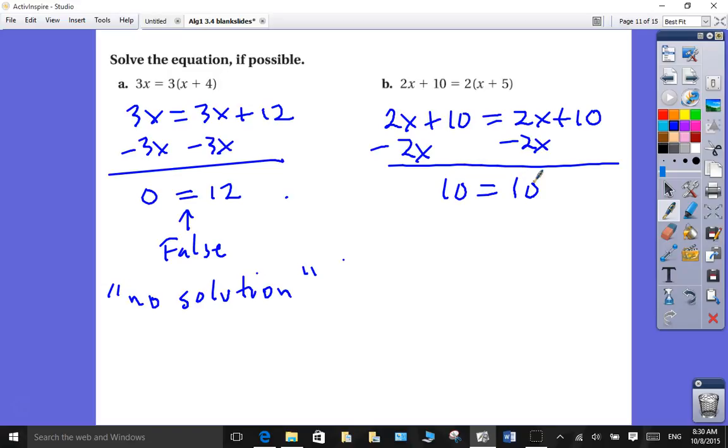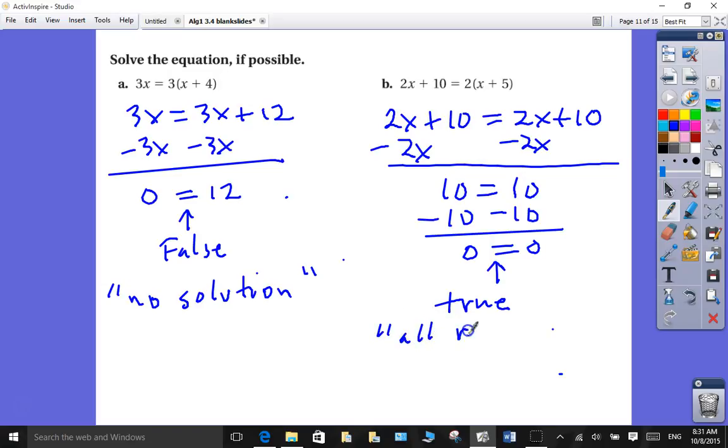It's a true statement. That means every number solves this. It is always true. If you subtract 10 from both sides, just because you don't like seeing that, you would have 0 equals 0. In either case, it's a true statement, and it does not involve the variable. So the solution is all real numbers.